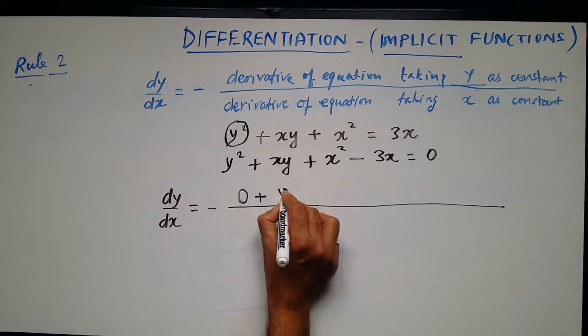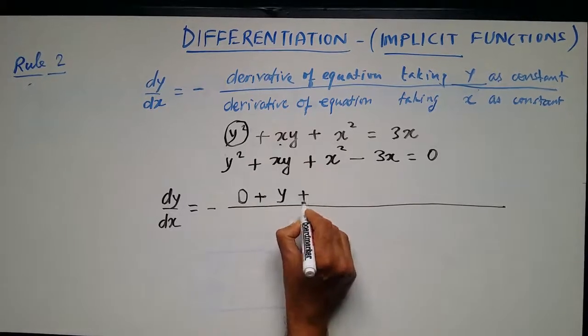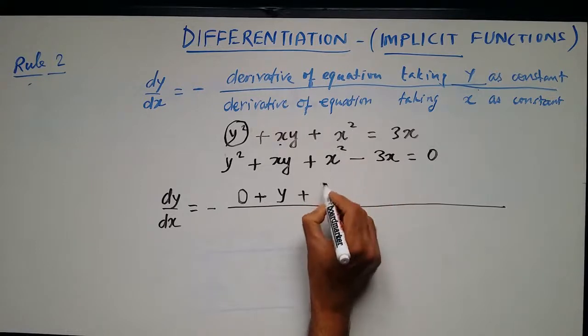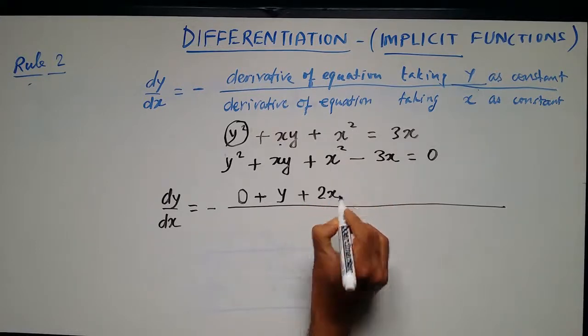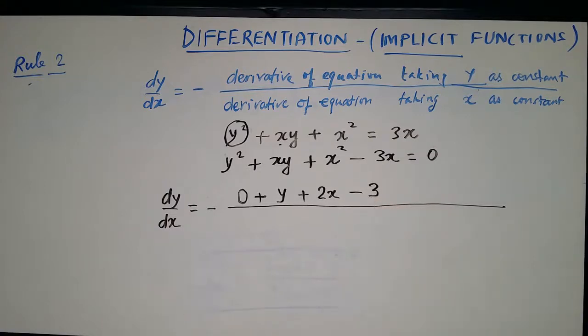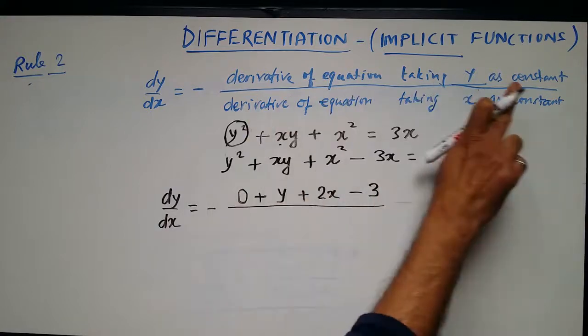So we keep y as it is and derive the expression that is x. So we know the derivative of x is 1. So it remains y. Now since there is no expression of y in this one, the derivative is equal to 2x, and the derivative of minus 3x is minus 3. So we have completed the numerator.